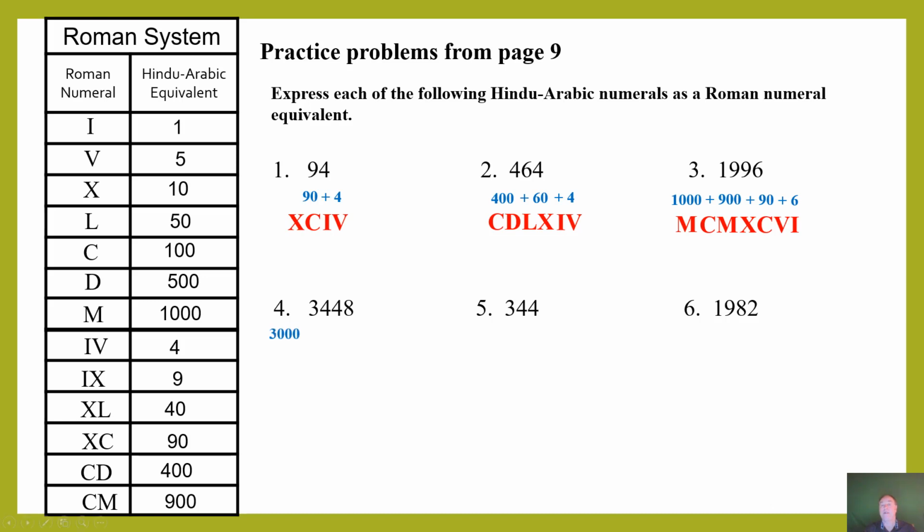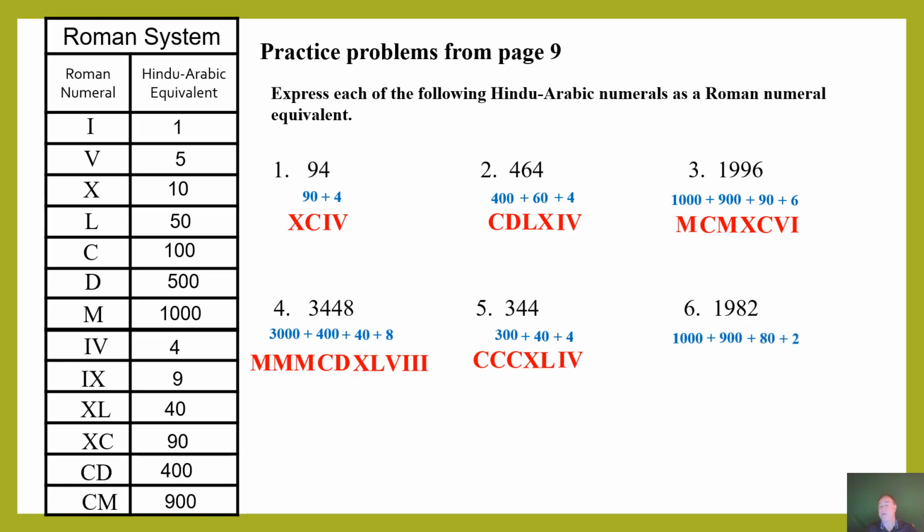Number 4, 3,000 plus 400 plus 40 plus 8. So that's going to be 3 M's, CD, XL, VIII. 344, 300 plus 40 plus 4. 300 is CCC, 40 would be XL, 4 would be IV. 1,982 would be 1,000 plus 900 plus 80 plus 2.